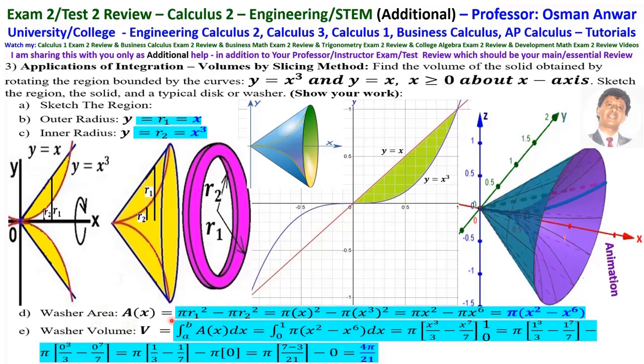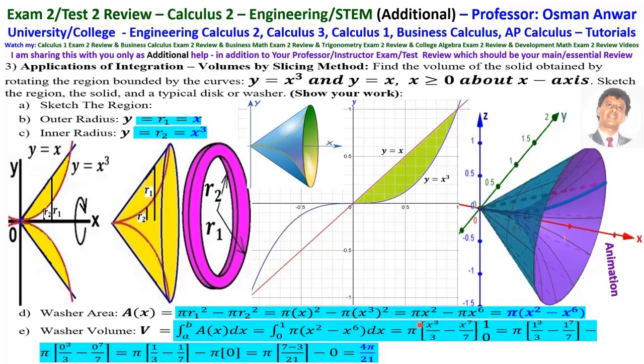So we're going to do the volume by the slicing method, which is the washer. First find the A(x) of this washer. A(x) of this washer or disk is pi r1 squared minus pi r2 squared, which is pi x squared minus pi x cubed squared.